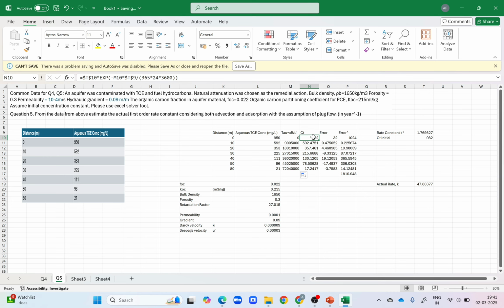Now, when advection and adsorption are considered, then the equation is as shown.